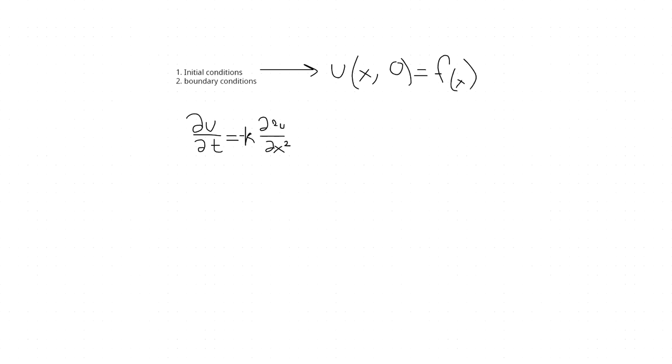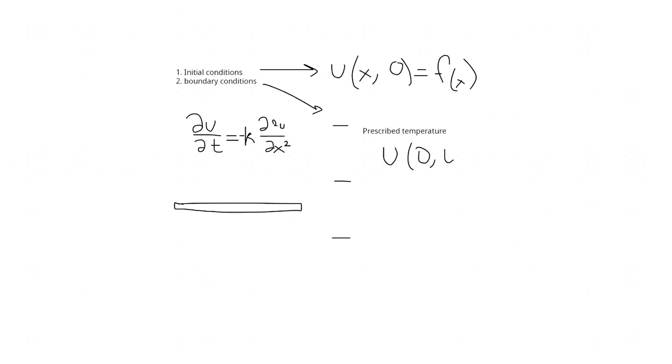Now for the boundary condition, there are three main types of boundary conditions that are worth thinking about. The first one is called a prescribed temperature. This is simply when we say, if we're dealing with a rod as we are in this example, then u at 0 comma t equals some prescribed temperature of 2.